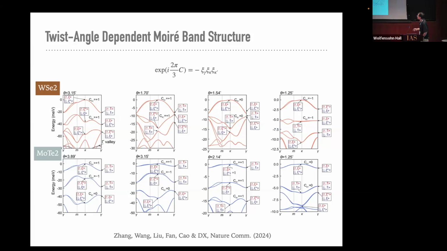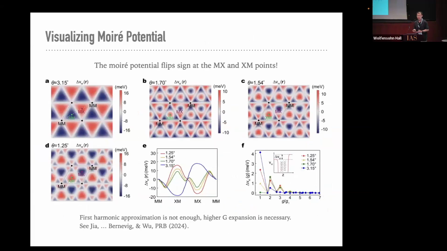Okay, but why does the Chern number change sign? Why does it go from 1 to 0 to -1? Remember that, as we said earlier, the whole physics is really determined by the moiré potential. And one way to visualize this moiré potential in our calculation is to look at the Hartree potential difference between the top and the bottom layer.